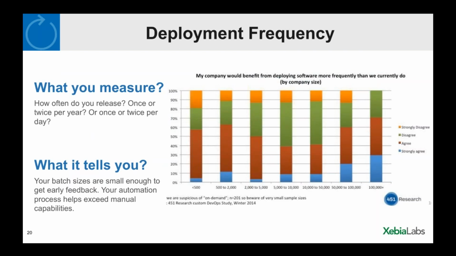And for the most part, at both ends of the spectrum, in the larger enterprises and the smaller companies, the overwhelming response was, yeah, we want to ship software more frequently. The one place where you got a little bit more of a lopsided response is in that medium enterprise size, and that might be because their ability to take advantage of frequent change gets a little trickier in some of those organizations, rolling them out.